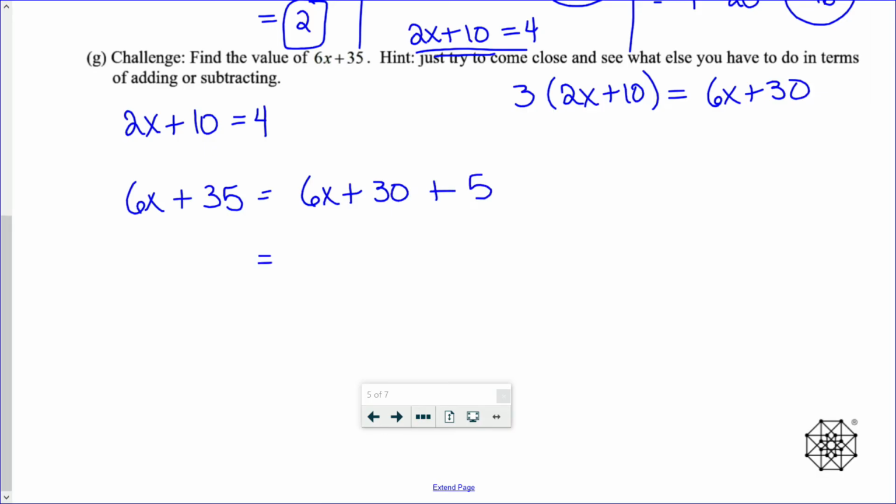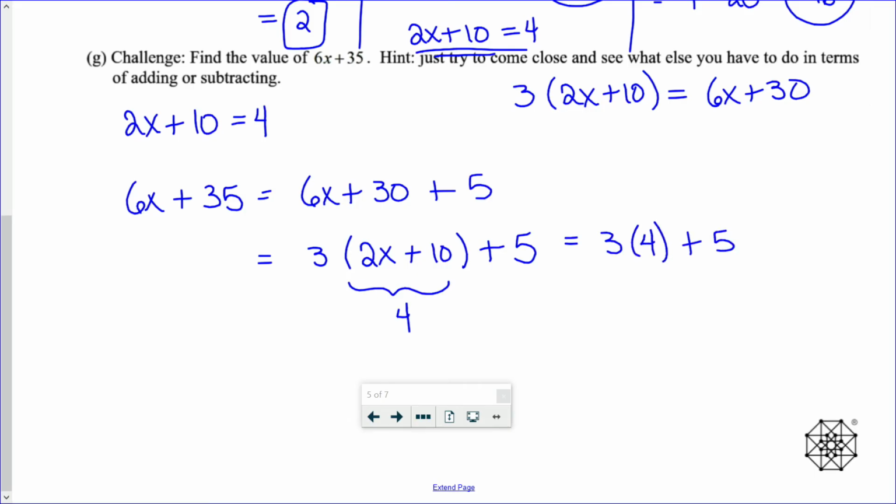In which case, I can now say I've got 3 times 2x plus 10, plus 5. This is what my 4 is equal to. So I'll get 3 times 4 plus 5. That's 12 plus 5, and that's 17.